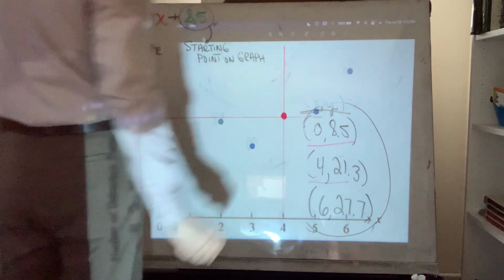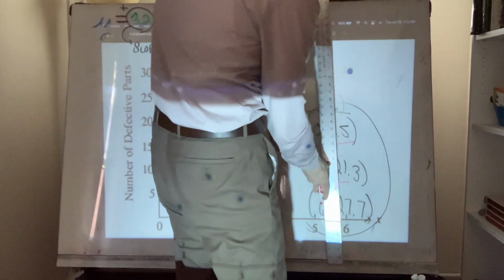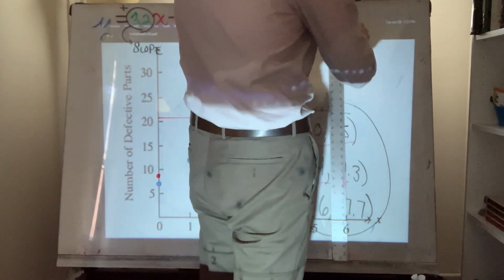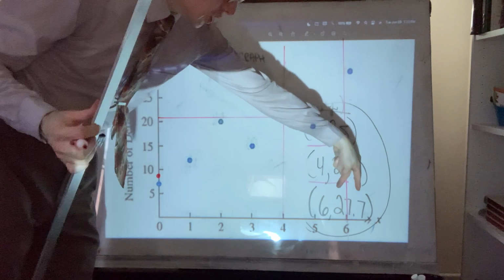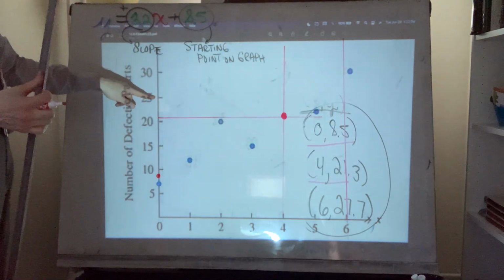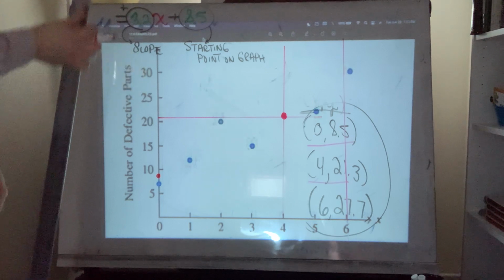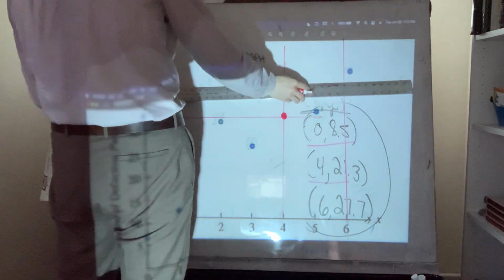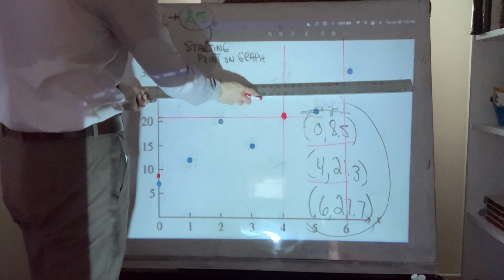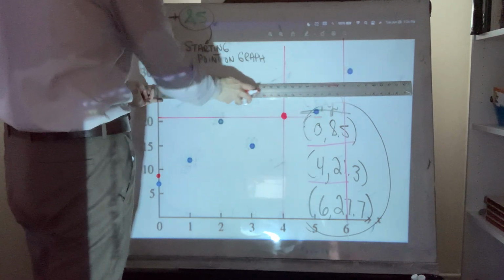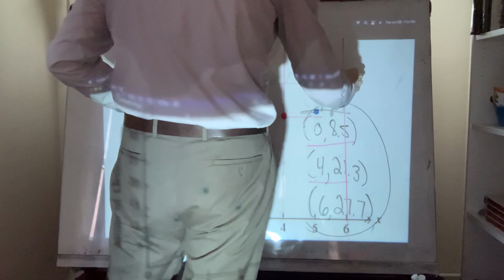And then at 6, I'll go up to just shy of 28. Here's 25. Again, halfway between 25 and 30 would be 27.5, so just above that, a little bit more than halfway. I have a point here.